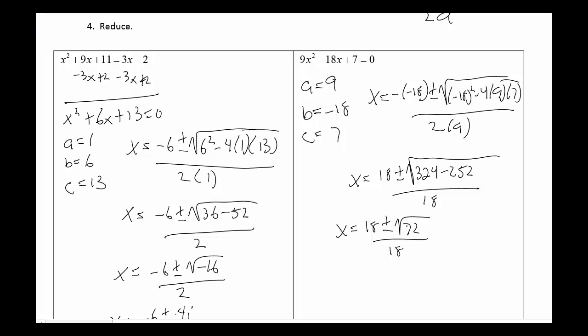And now we're going to talk about that square root for a second. Alright, so 72, if I'm looking for the biggest perfect square that goes into that, let's see what goes into that.